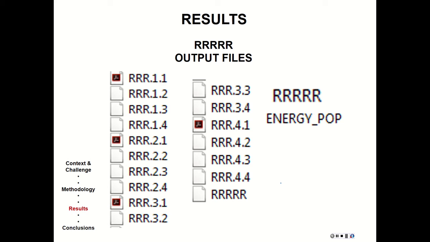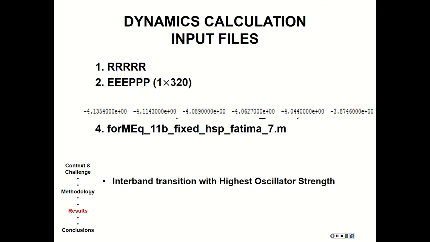And for 4 K points. Once we have these 2 files, we need these 2 files and this MATLAB code for calculating electron dynamics.